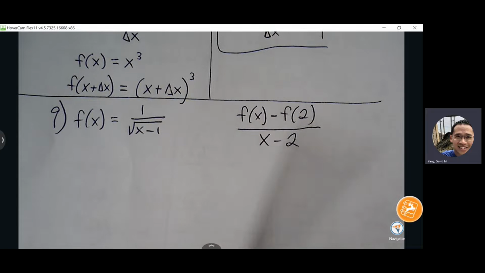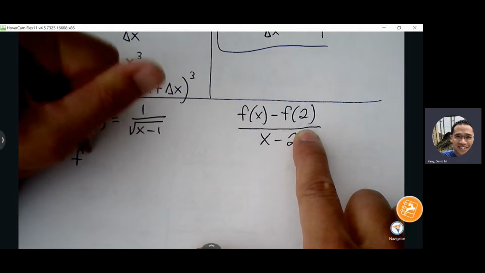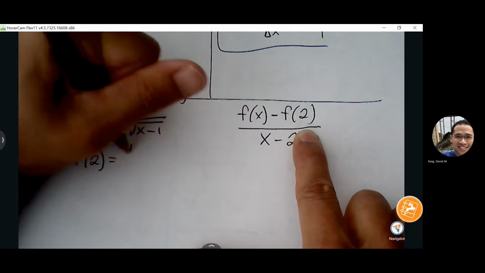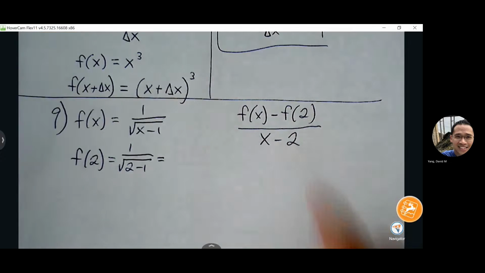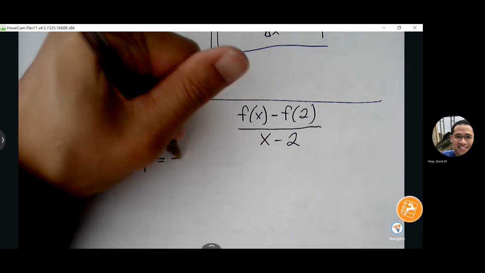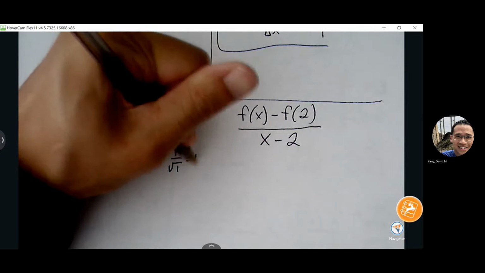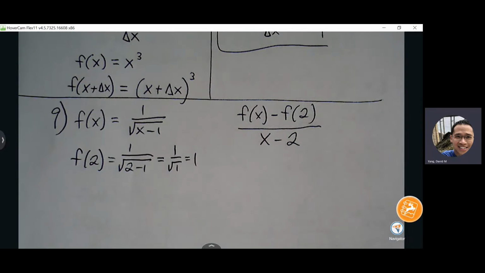We know what f of x is. That's just the original function. We can insert that in a second. How would I find f of 2? Replace 2 in for x. 2 minus 1 is 1. And 1 over square root of 1 is still 1.